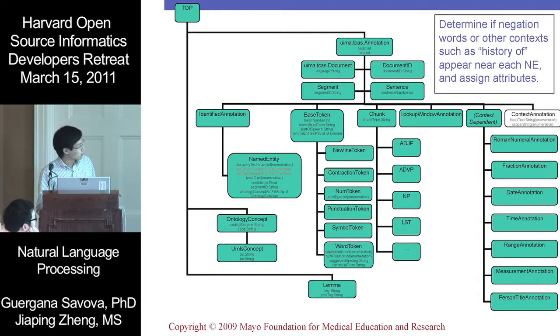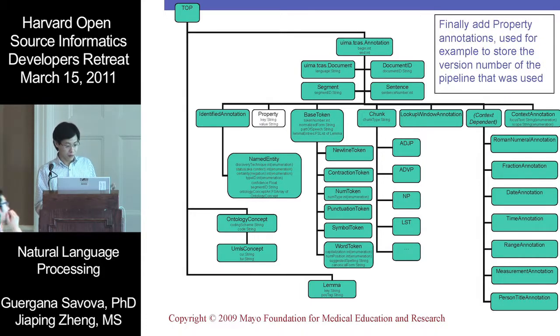And then certainty indicates whether this named entity is negated or not, like no evidence of carcinoma. Then property is just a bunch of metadata that you can assign to the document or any other attributes.